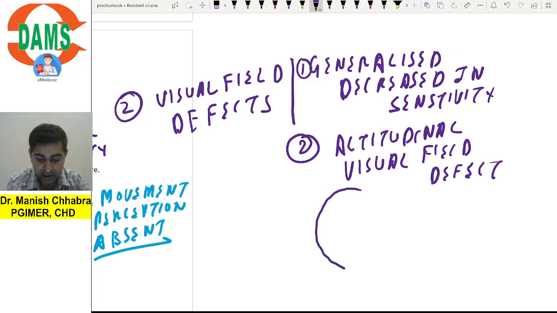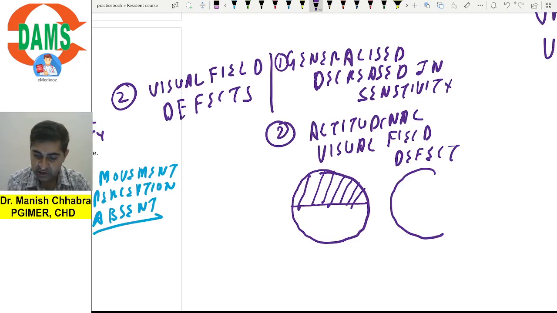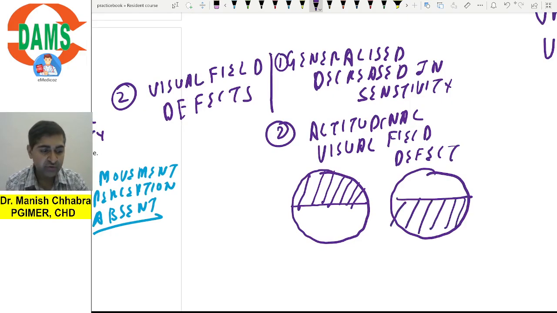So if this is your visual field chart, the perimetry chart, and the patient is not able to see above the horizontal plane or below the horizontal plane, this is an altitudinal visual field defect. I hope it is clear.